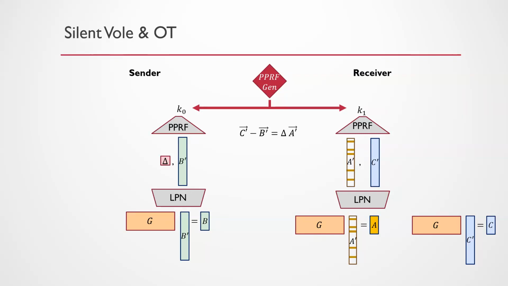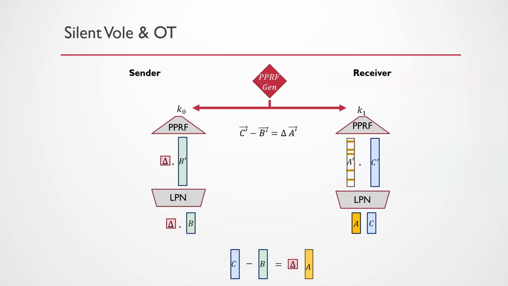It's not too hard to see. But the magic is that for this sparse A prime vector, you can compress it, maybe by a factor of 2, and what you get as the result is uniformly random according to the syndrome decoding LPN assumption. So that's the generic formula.